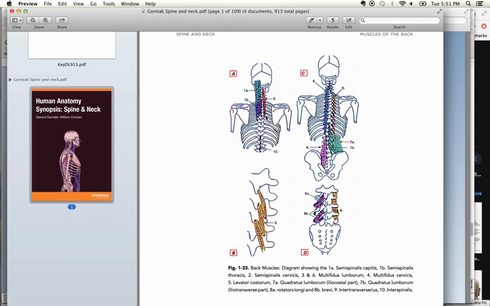So that's going to extend on both sides and control lateral flexion to the opposite and rotate to the opposite. Multifidus cervicis is next in that same layer. That's going to be number 4. And it's really hard to see there, but you can imagine. Multifidus cervicis, again, extending both sides, controlling lateral flexion, and rotating opposite.